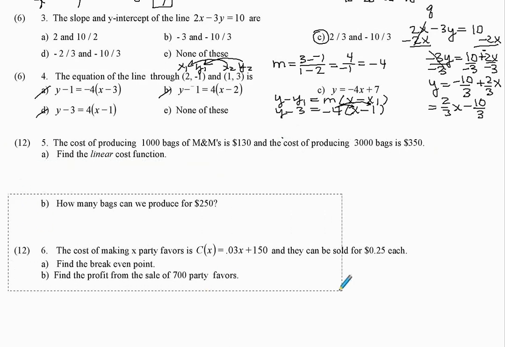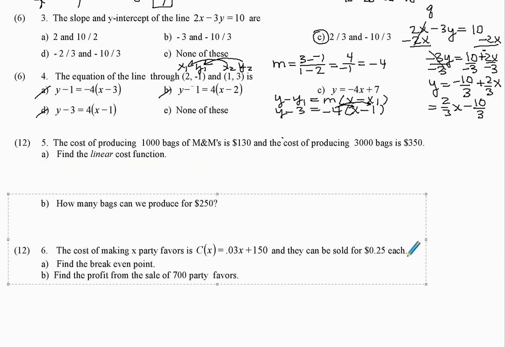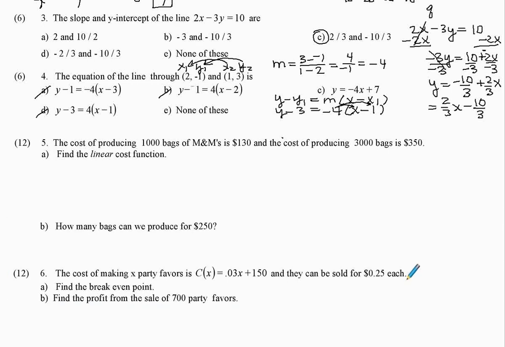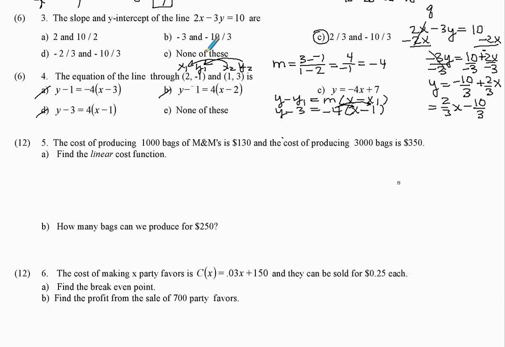Since I actually have the ability to do that. Alright, so -4 comes in here, -4x, and then -4 times -1, +4. So we've got y minus 3 equals -4x plus 4.